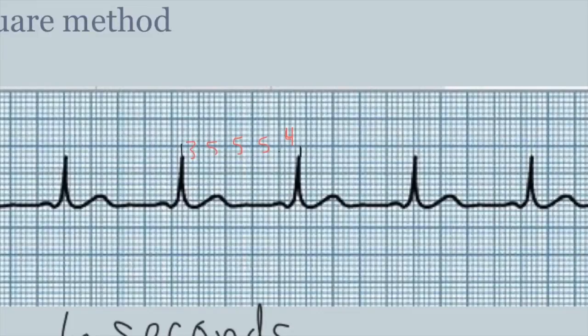So we have 15, 18 plus 4 is 22. Is that right? 5, 10, 15. Yeah, 22 squares. So we have 22 squares, and we're going to divide that into 1,500 to get our rate.